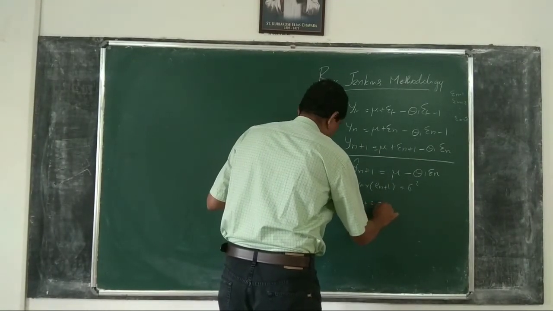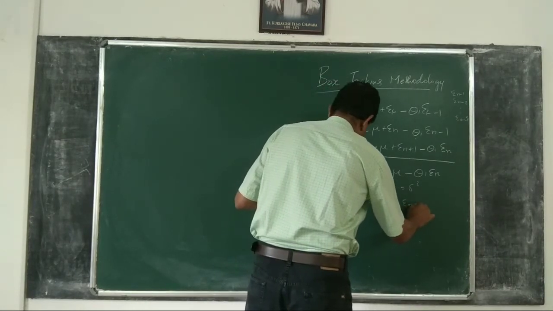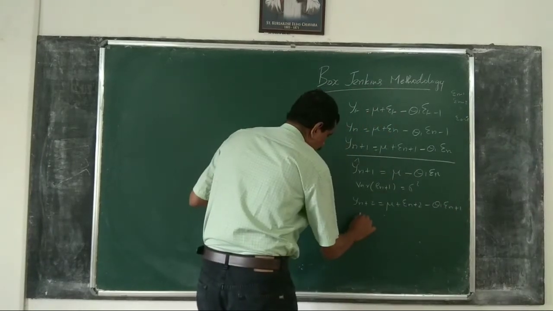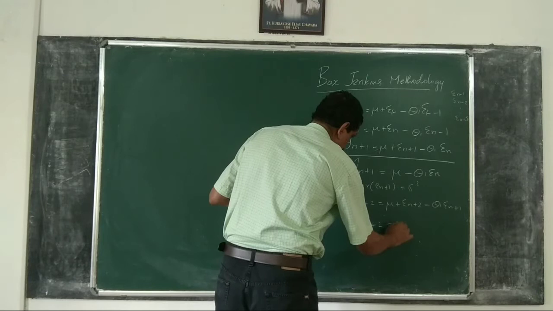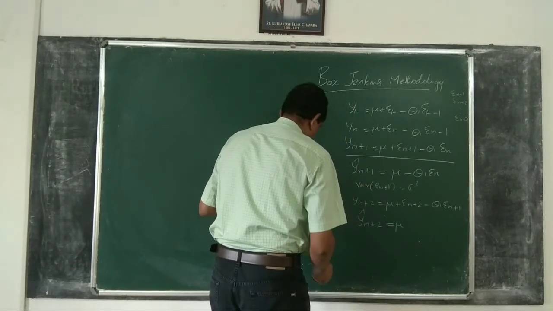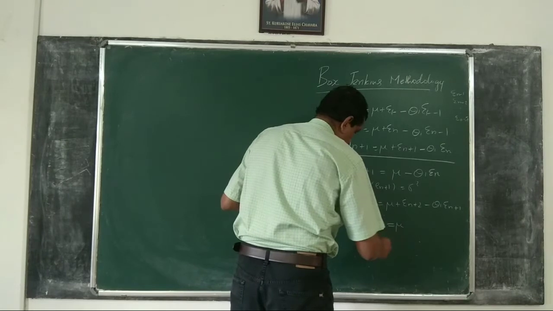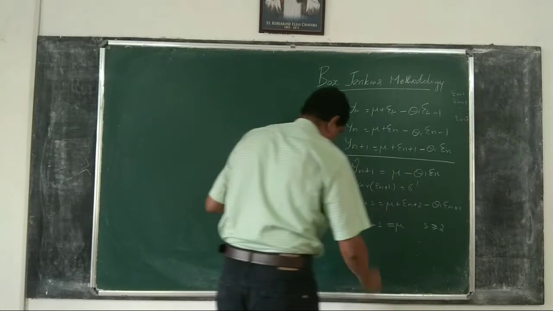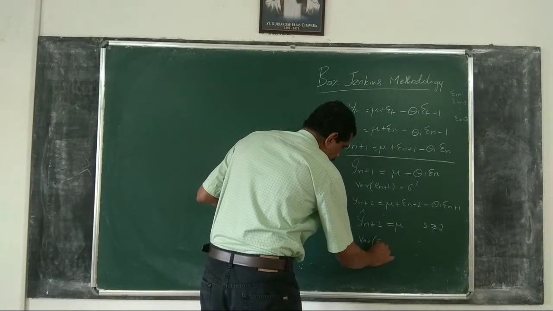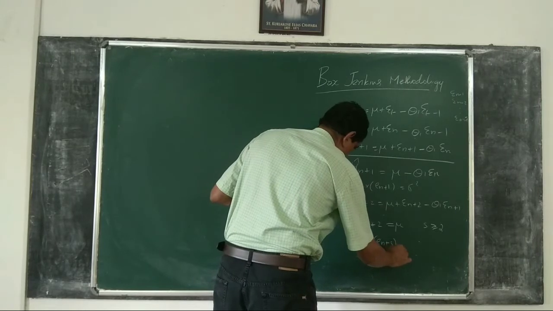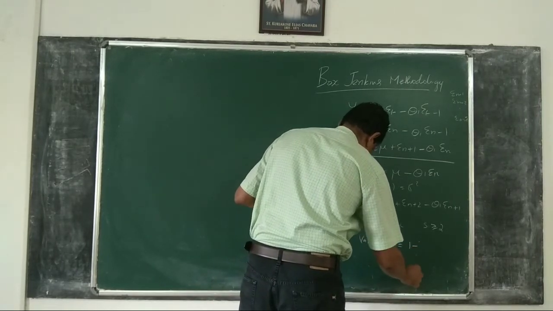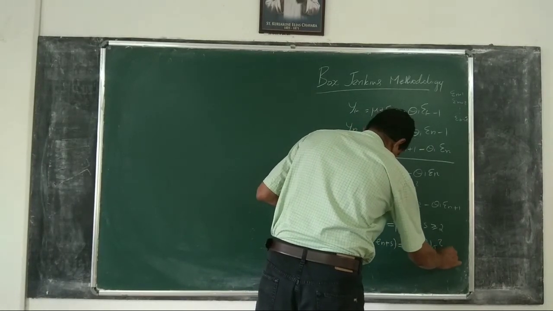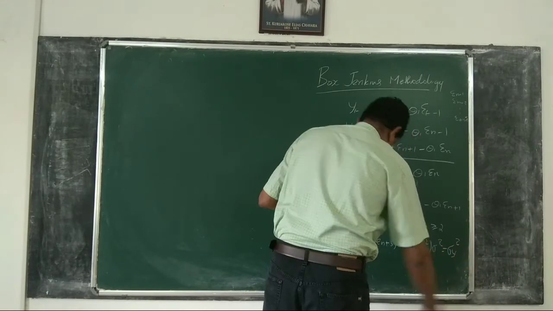Then yn plus 2 is equal to mu plus epsilon n plus 2 minus theta 1 epsilon n plus 1. We forecast it as y hat n plus 2 is equal to mu. And this is true for s greater than or equal to 2, and the variance of En plus s is equal to 1 plus theta 1 square into sigma square, which is the variance of y.